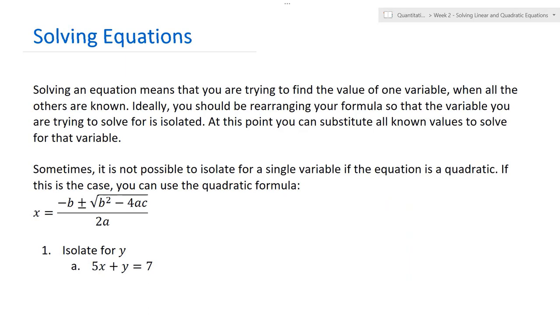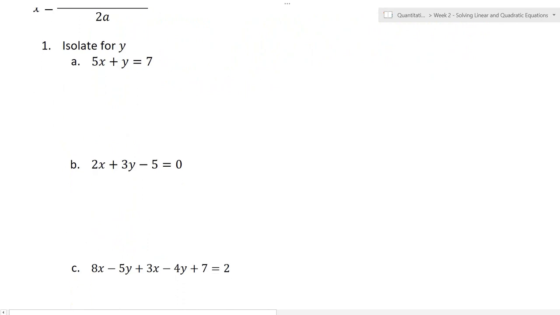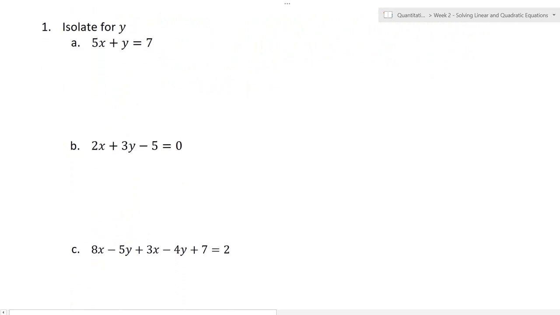So our first question is asking us to isolate for y. So we have 5x plus y equals 7. So we just want the equation to look like y equals something where there's nothing left on the left side. All that you see is y on the left side. So I'm going to write y equals, and I'm going to move this 5x to the other side of the equal sign.